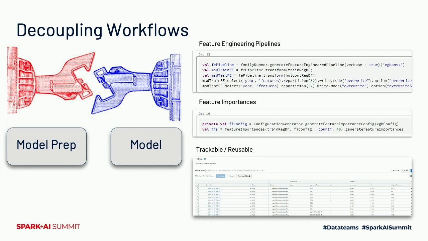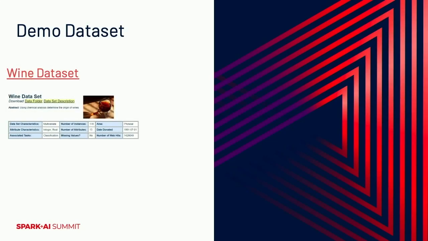That's where a lot of the money goes: the feature engineering pipelines, feature importance and selection, and a lot of testing. So what we don't want to do is rebuild our features every time we want to run a model, and we also don't need to select new features every time we run a model. The pipeline in AutoML Toolkit allows us to separate those things, and I'll show you that in my demonstration.